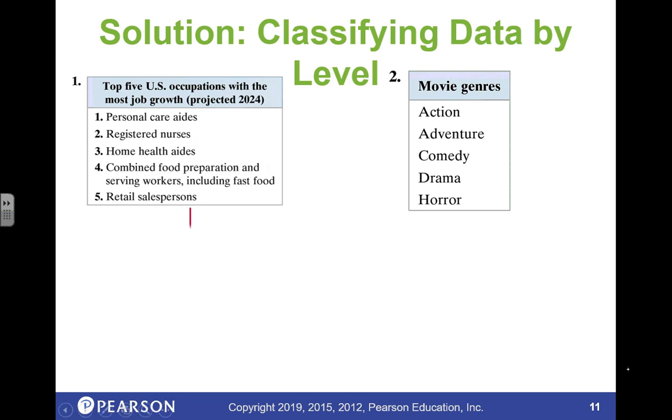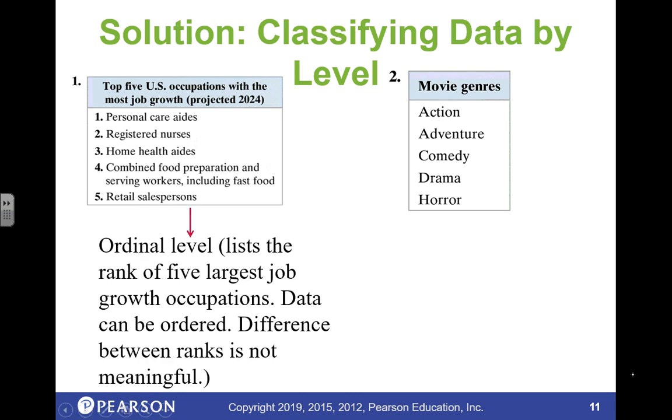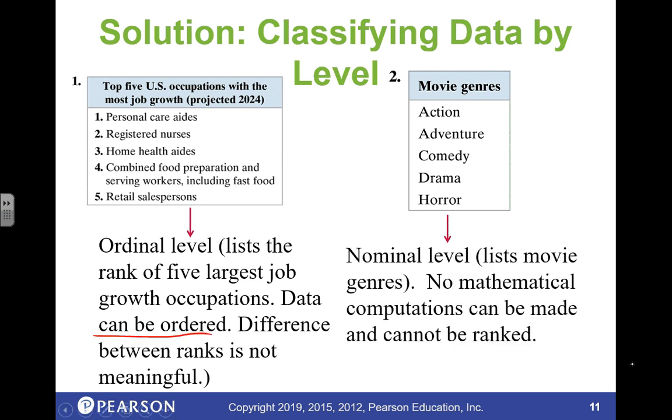And that's what this slide will go on to tell. For the first one, the data can be ordered. For the next one, there's no particular rank in those. Also, one thing I didn't mention about these is the difference in their ranks is not very meaningful.